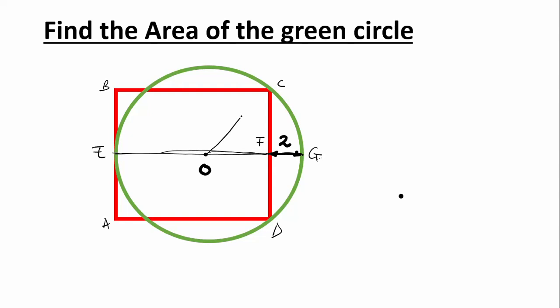Then if I draw a line from here to here, let's call this the radius of the circle. That is the radius of the circle. Then this is at 90.